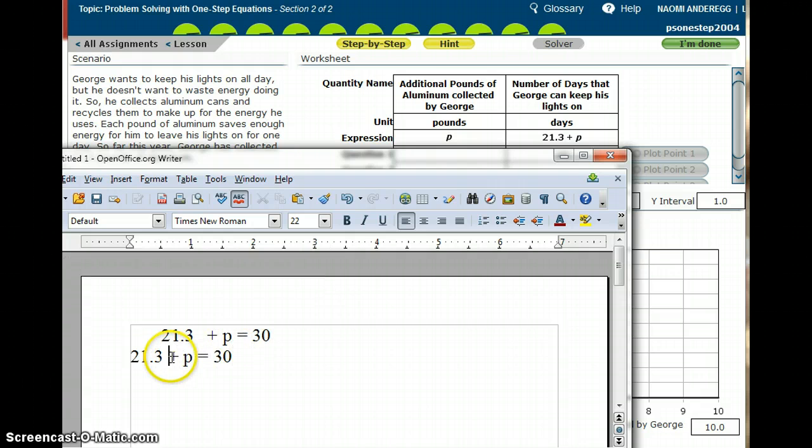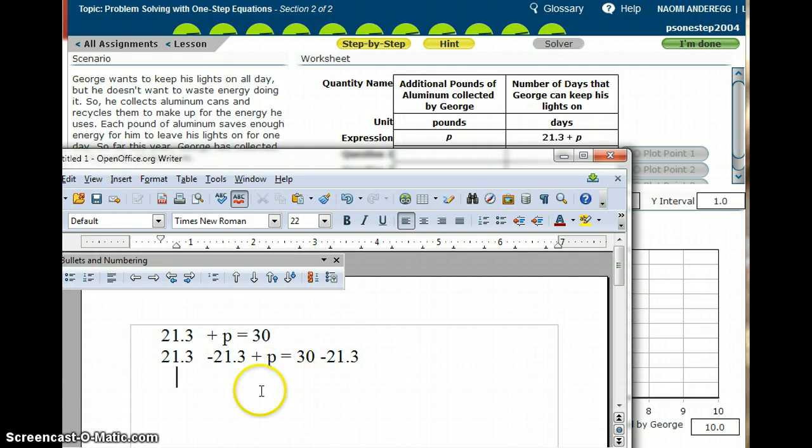We have minus 21.3 over here, and the same thing, minus 21.3 over there. Of course, these cancel out. 21.3 minus 21.3 is just 0, so that goes away.